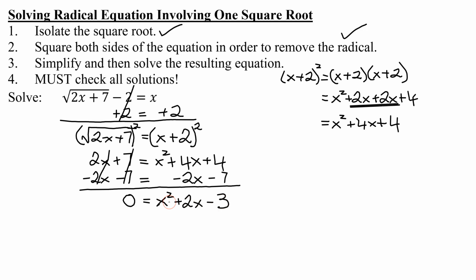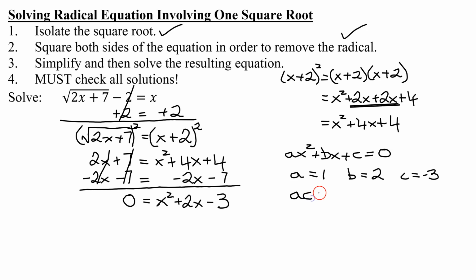Hopefully these factors come to you quickly, but in case they don't, I'll just go through the systematic method for factoring a trinomial. So we always compare it to ax squared plus bx plus c equals 0. In our case, what is a? The coefficient of the x squared term is 1. B is the coefficient of the x, it's 2. C is the constant term, it is -3.